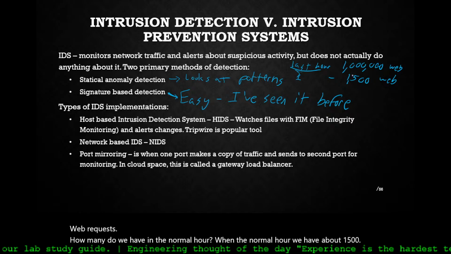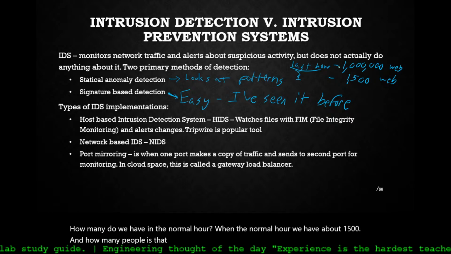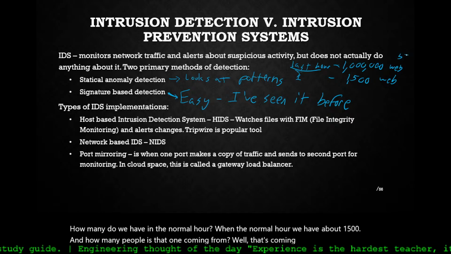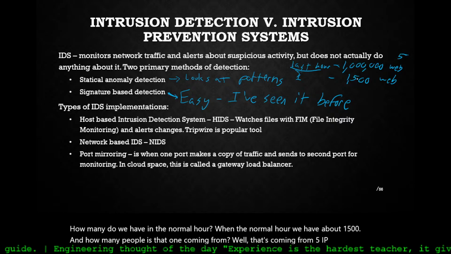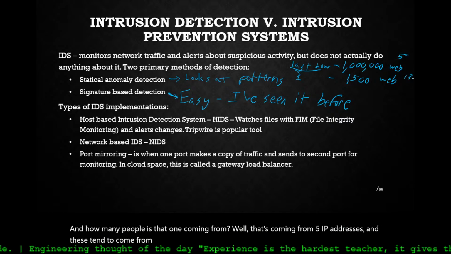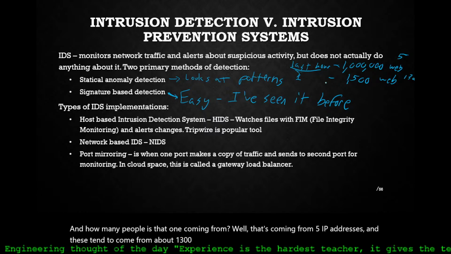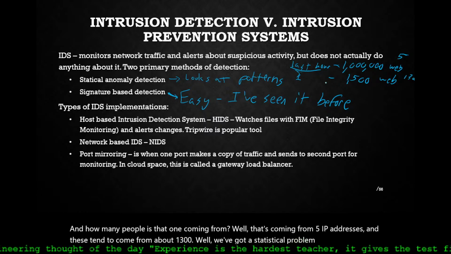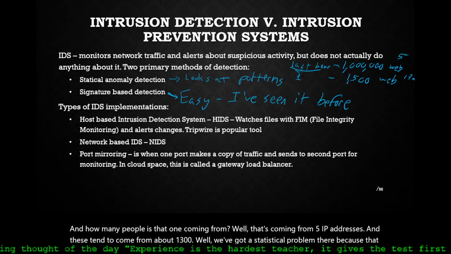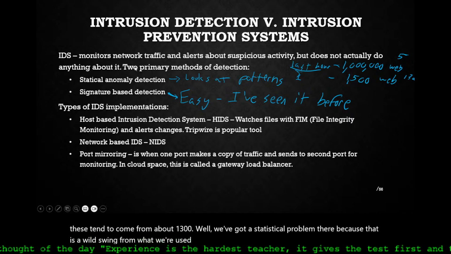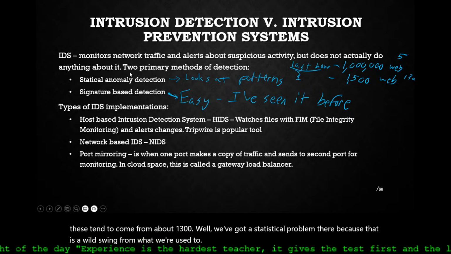And how many people is that one coming from? Well, that's coming from 5 IP addresses. And these tend to come from about 1,300. Well, we've got a statistical problem there, because that is a wild swing from what we're used to. And that's part of it.